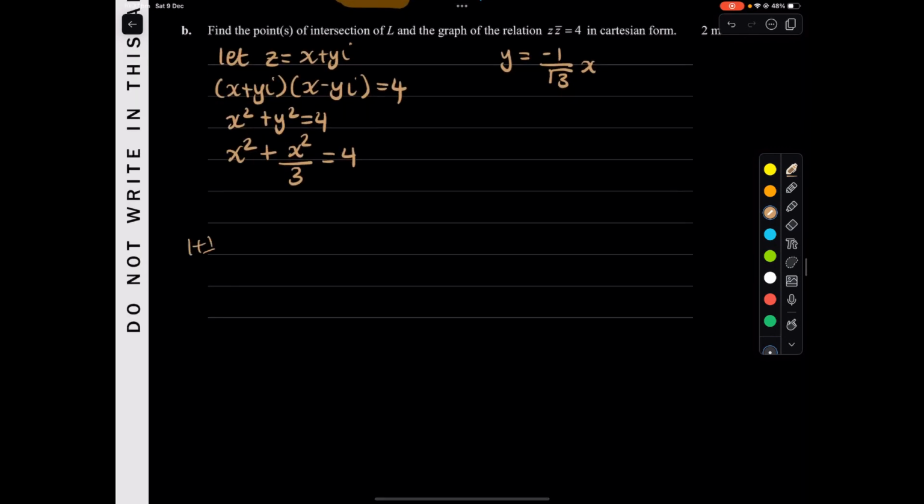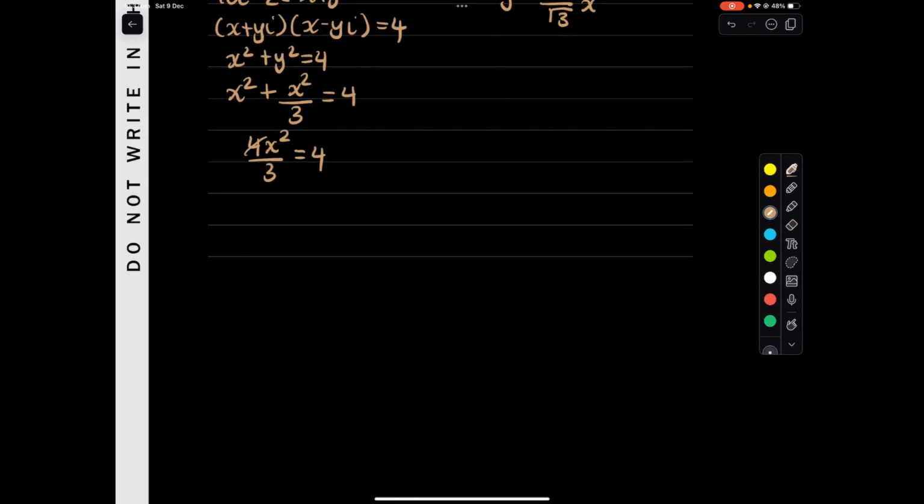So it's 1 plus 1 over 3, which is 4x squared over 3 equals 4. Okay? And both sides have 4, so we can cancel those out. Hence x squared is equal to 3. Hence x is just plus or negative root 3.